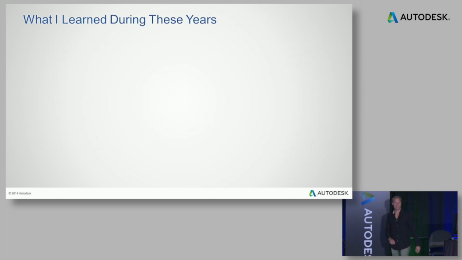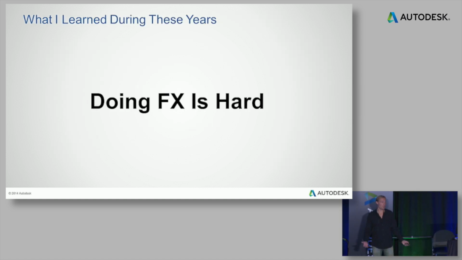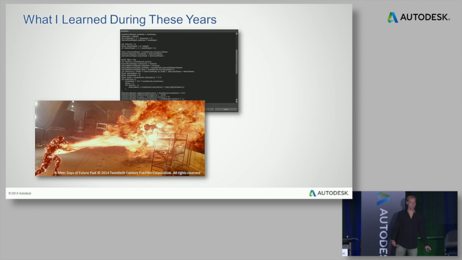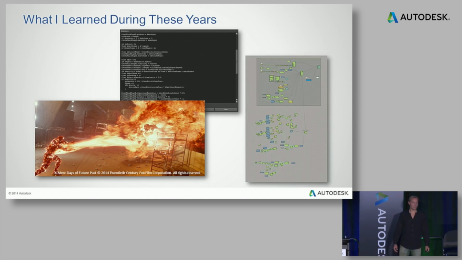What I learned during all these years is that doing effects is hard. Let's say you're trying to do a fire effect like Iron Man here. In a lot of shots, you might be faced with lots of MEL scripts or C++ code or giant graphs to do this kind of thing. Obviously, in some cases there is a certain amount of complexity that can't be ignored.